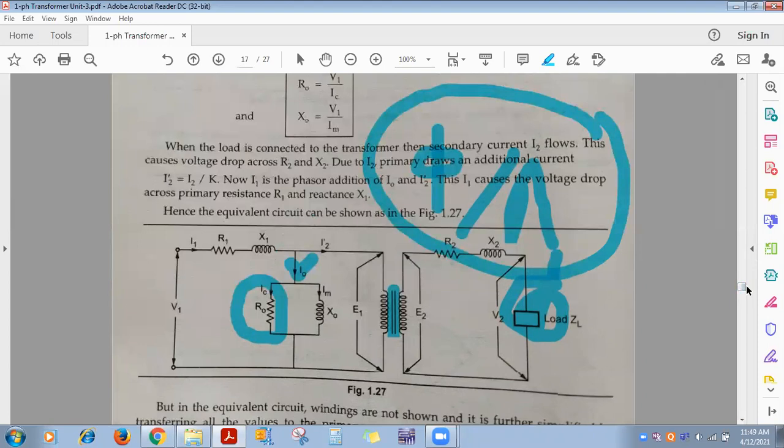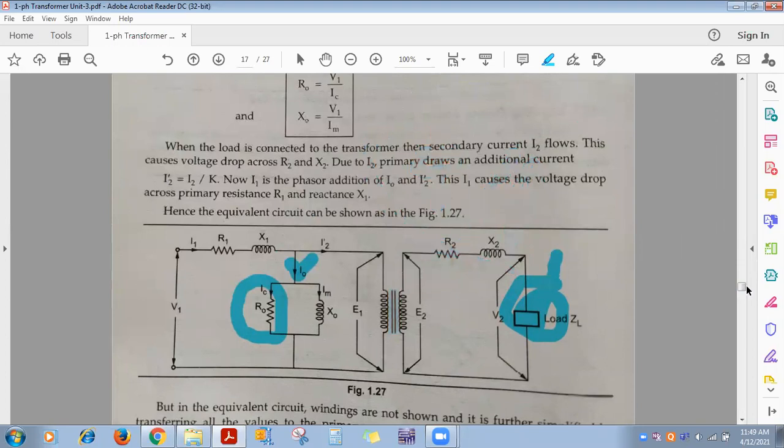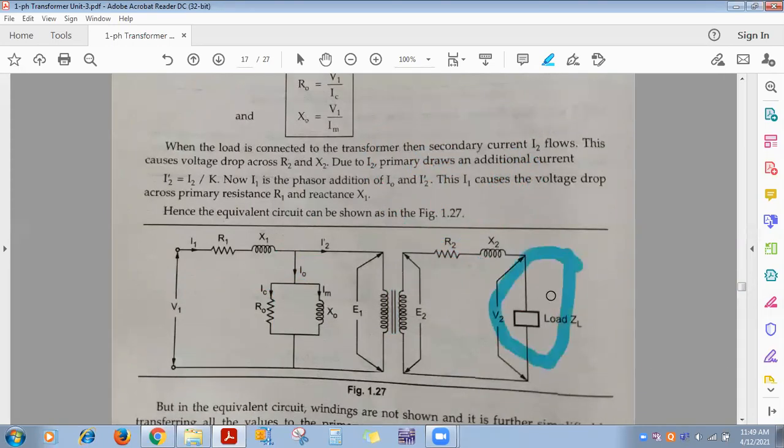So can you tell me, if there is no load on the transformer, suppose you keep the secondary open, will any core loss, that is iron loss, take place or not?